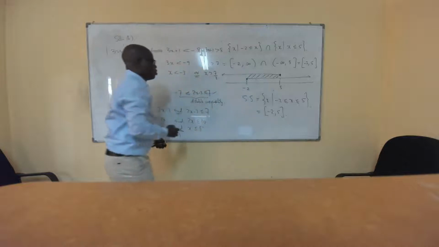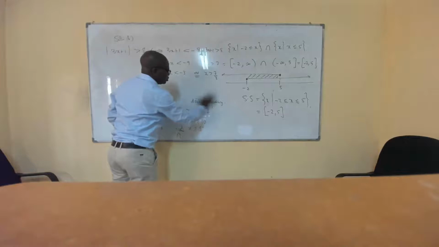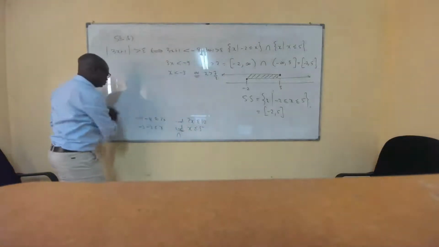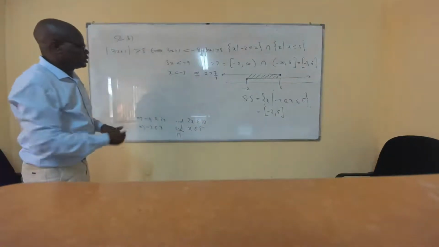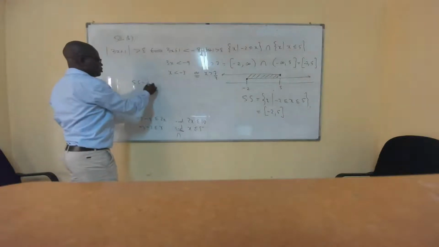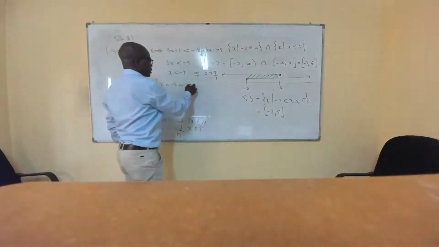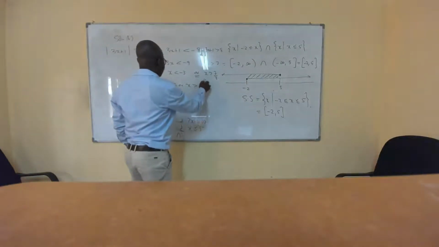We are using or, which means you are going to take the union of the associated sets. So the solution set is the set of all x such that x is less than minus 3, or x is greater than 7 over 3.